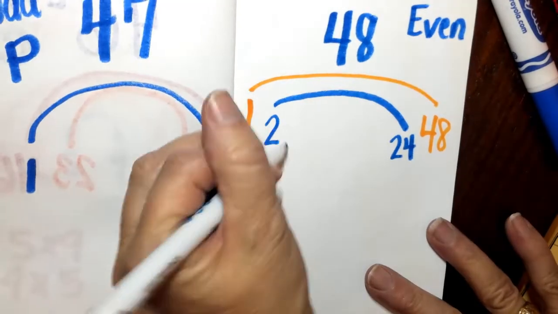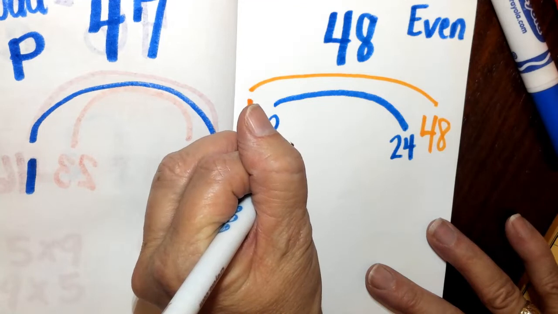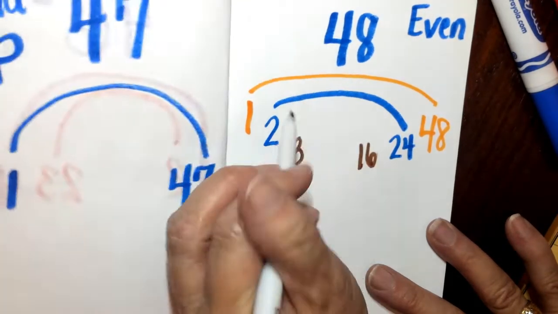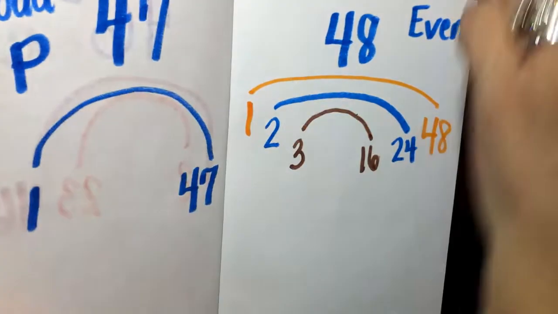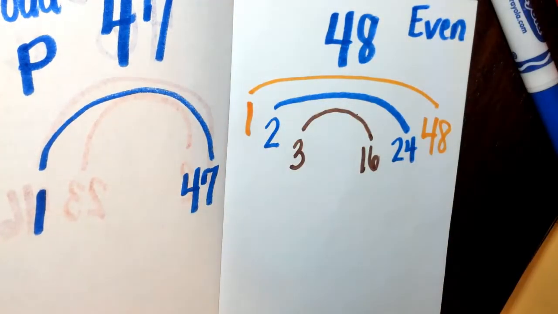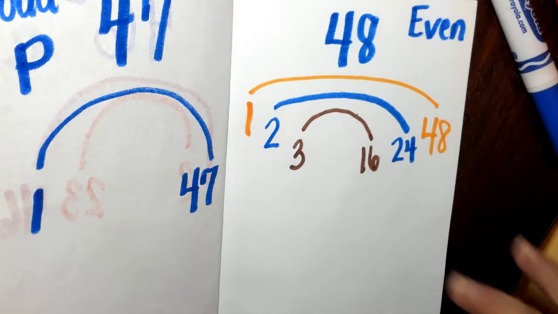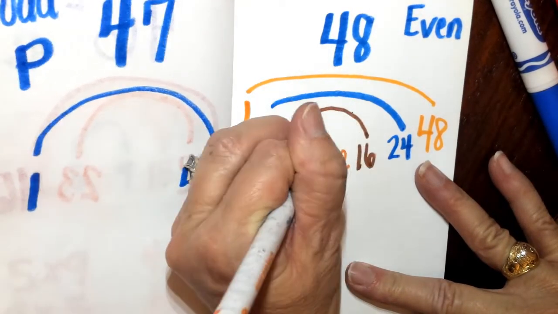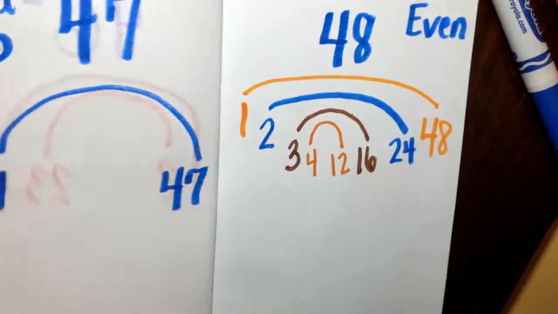I know that it is a multiple of 3 because we can say 3 times 16 will give us 48. We also know that 4 groups of 12 will give us 48.